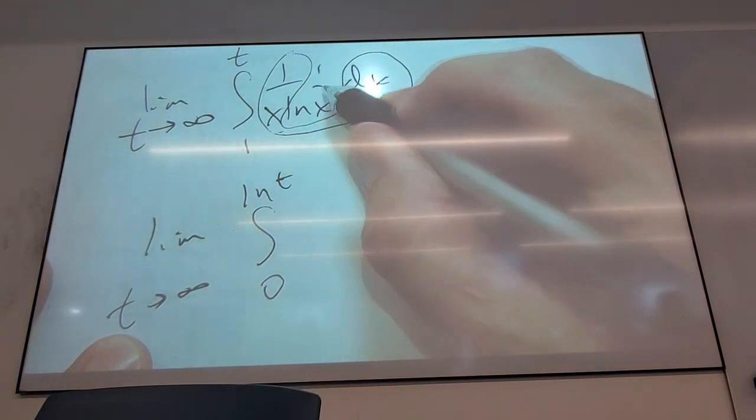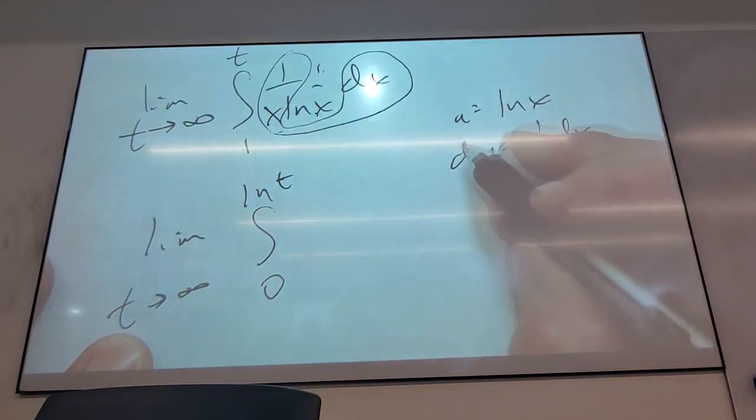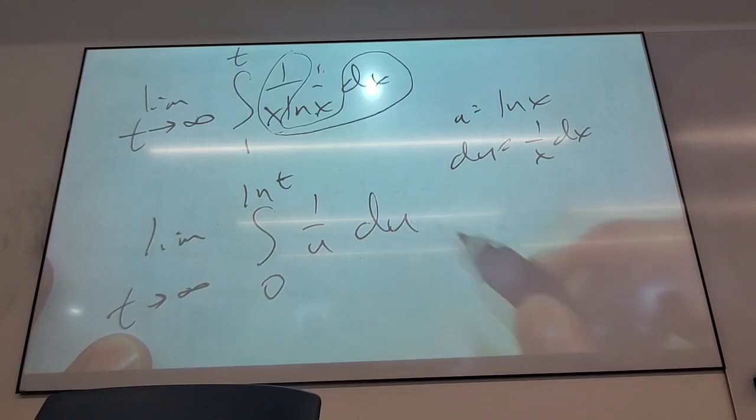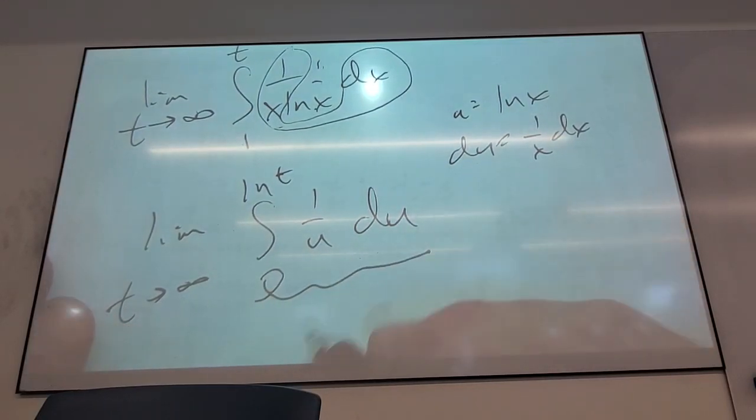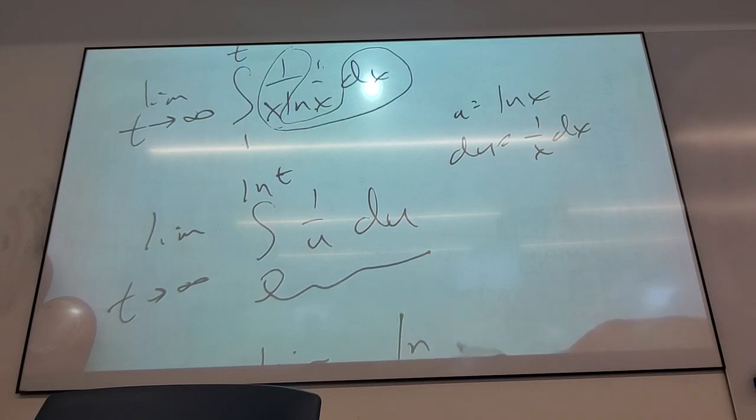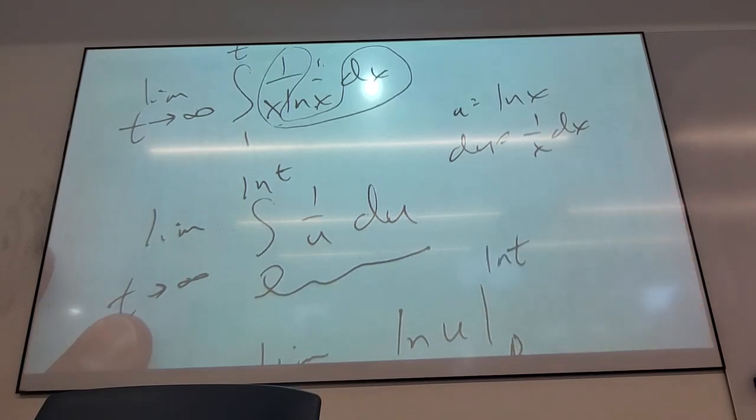And then this is 1 over u. So you see where this is going. So what's the integral of 1 over u? Ln u from 0 to natural log of t.